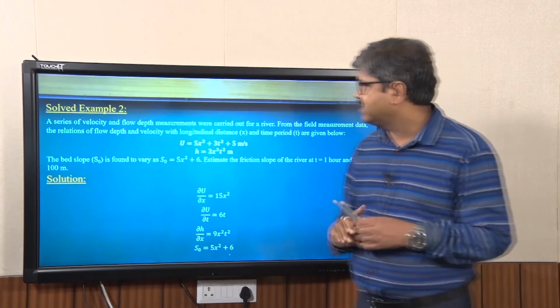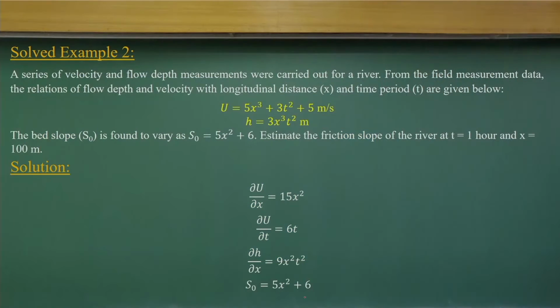And if you look at the next example, we are talking about a series of velocity and flow depth measured along a river, and the flow field data shows the relationship of flow depth and velocity along the longitudinal direction and time. As given below, the bed slope also has variability along the longitudinal direction.